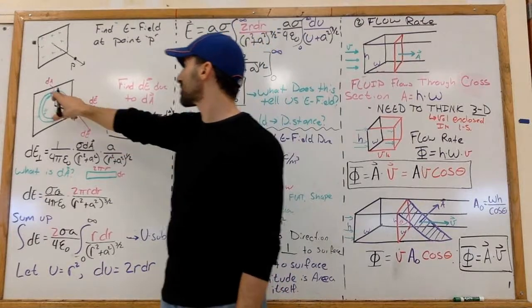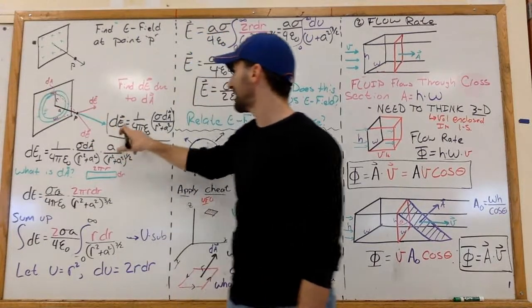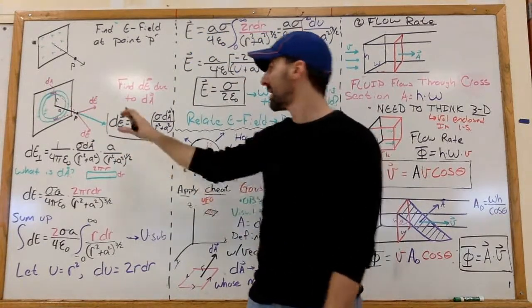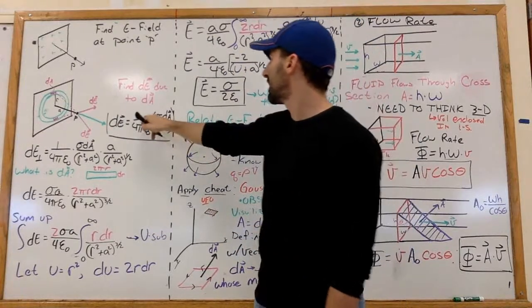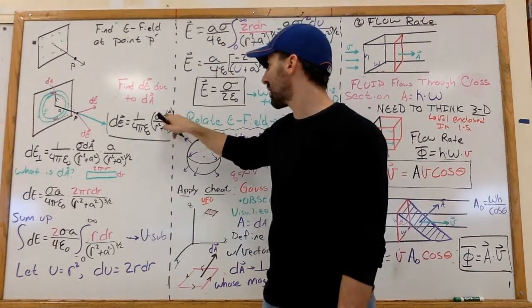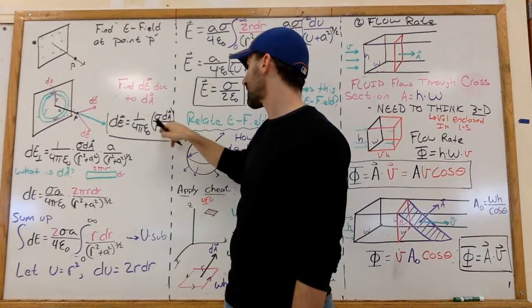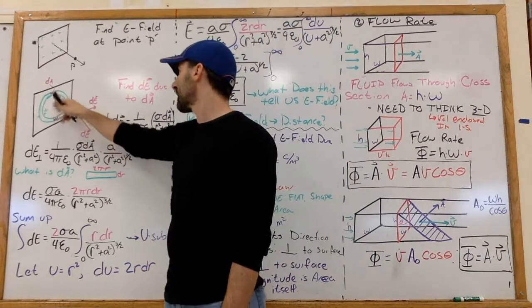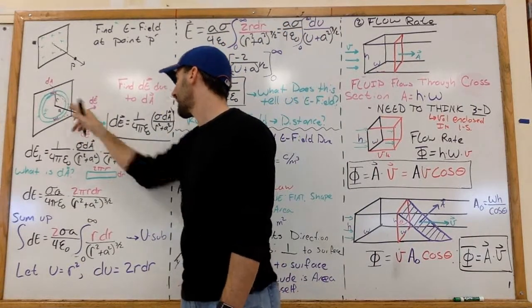So my electric field, just due to one small spot, dE is 1 over 4 pi epsilon naught. Again, I utilized my cheat. My sigma dA is my charge, divided by r squared plus a squared, where it's just my r squared plus a squared that far away.